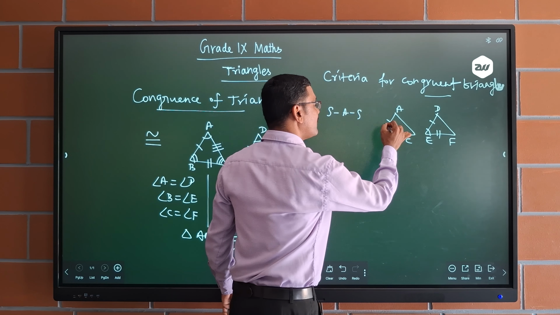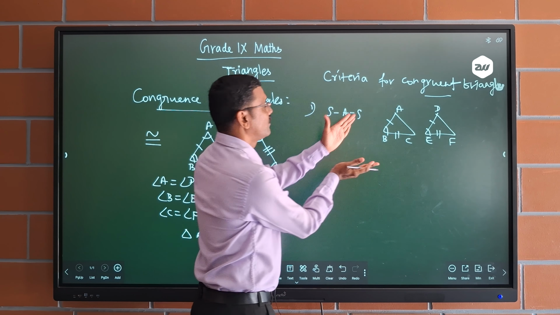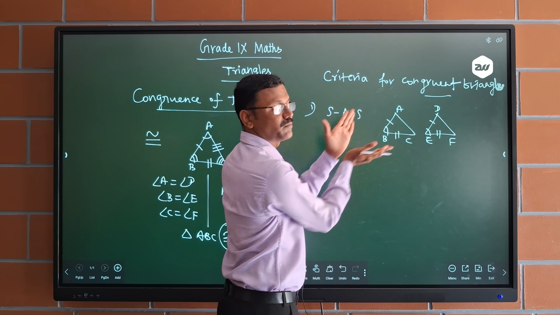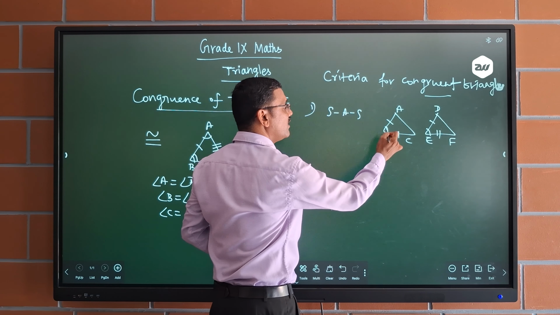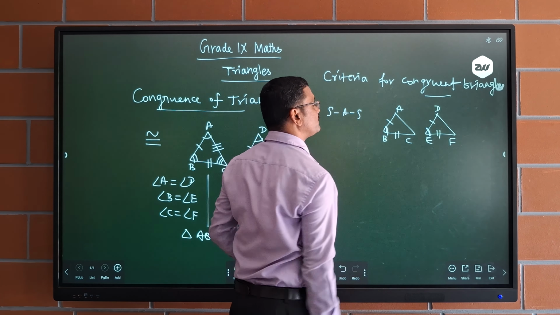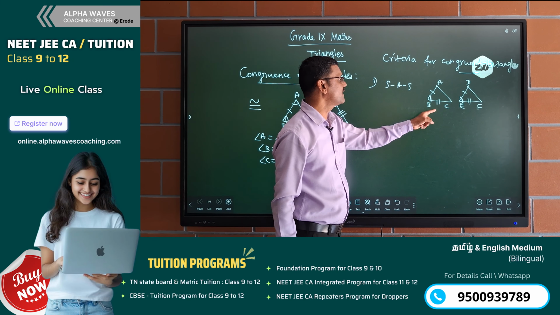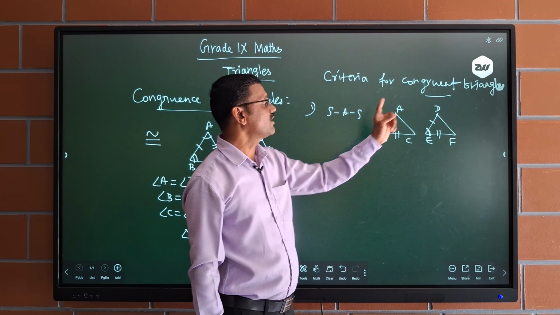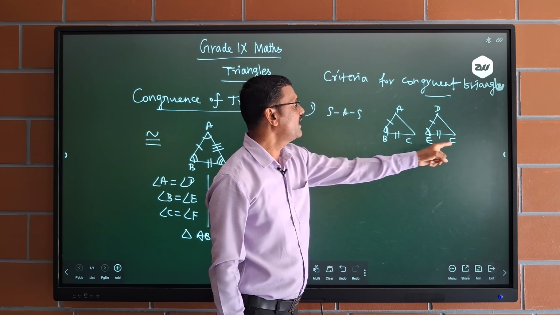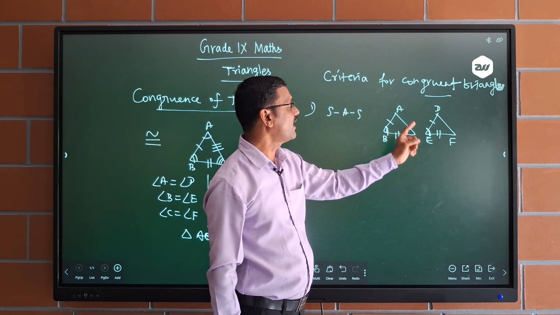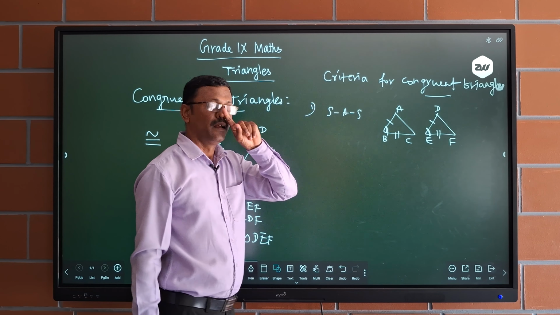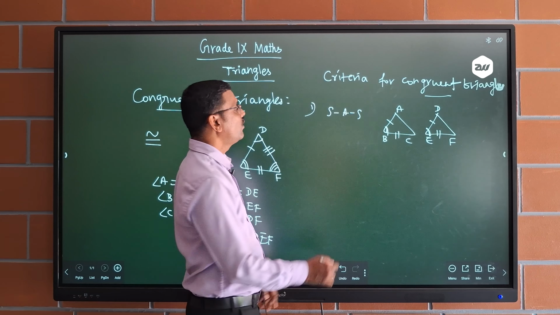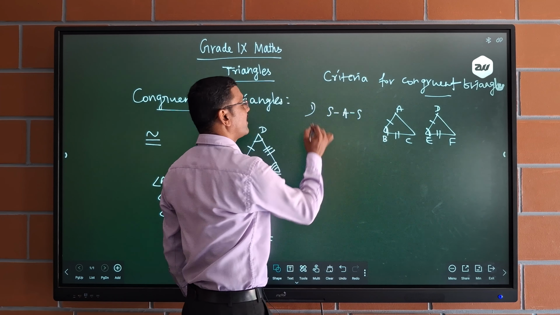See, angle B is the included angle. So AB and BC are correspondingly equal, and the included angle is also equal. So two sides and the included angle of one triangle are correspondingly equal to two sides and the included angle of the other triangle, then they are known as congruent triangles. So this is the first criterion.